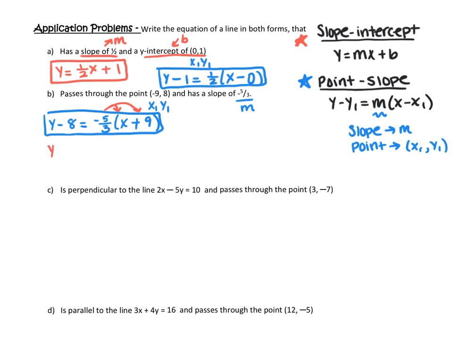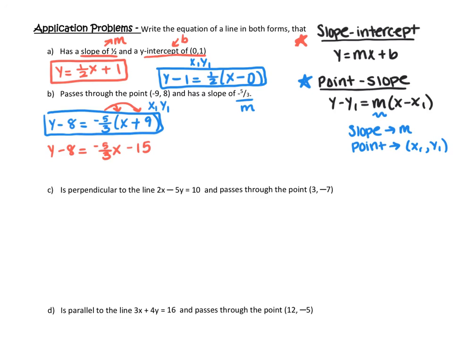So I'm going to leave this as y minus 8 equals negative 5/3 x, because negative 5/3 times x is negative 5/3 x. And then now this is where you want to grab your calculators and put negative 5/3 times 9. And I believe you should get negative 15.